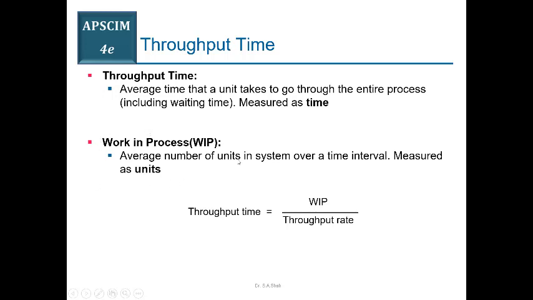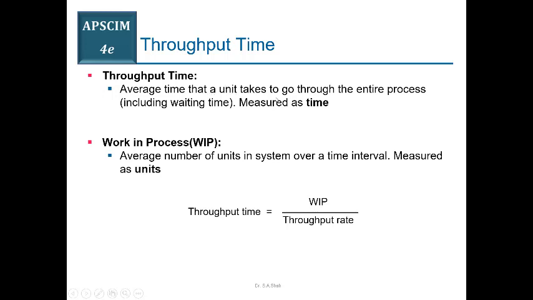And then to calculate work in process, you will need this throughput time. So throughput time, as we say, is the average time that each unit spends within the system.